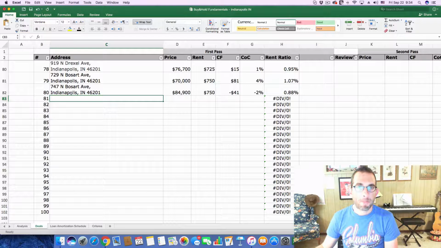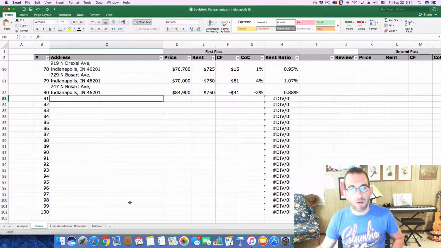The other thing that looking at a lot of data gives us is information and data statistics on a particular area, a particular city, a neighborhood, or what have you, so that you start getting a feel of what particular houses go for, the kind of rents you can get for it, what kind of taxes are typical, what kind of taxes are atypical, as well as all the rest.